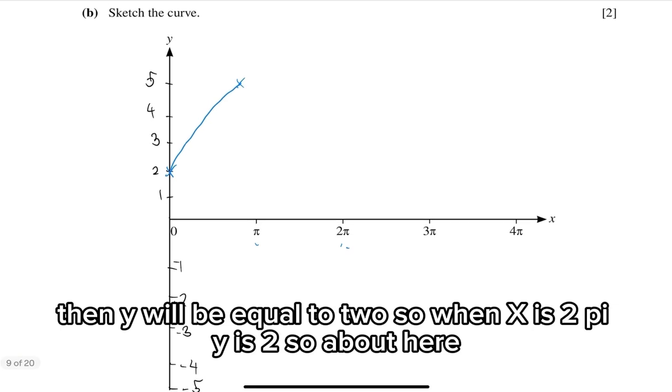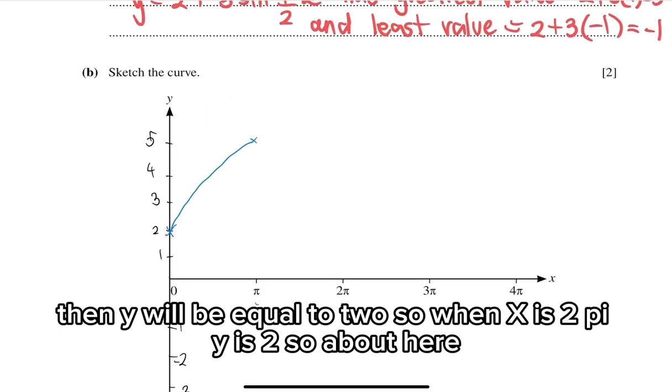Then y will be equal to 2. So when x is 2 pi, y is 2, so about here.